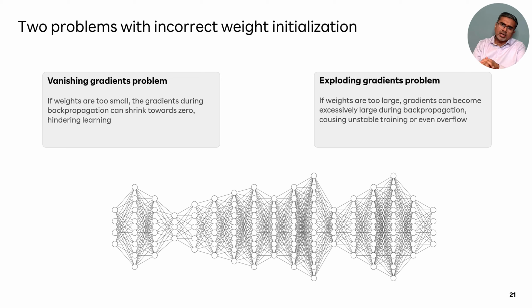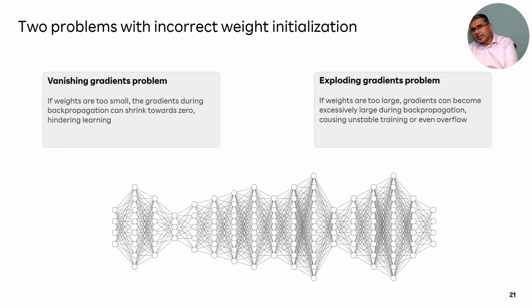Which essentially means your neural network perhaps will never be able to learn, because it has shrunk the importance of a neuron appearing in the earlier layers of your neural network. That's a big problem that needs to be addressed. And if you don't initialize weights correctly, you can end up with very small weights, resulting in a vanishing gradient problem.